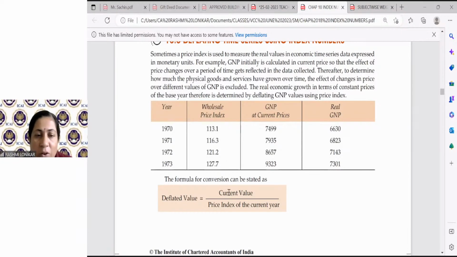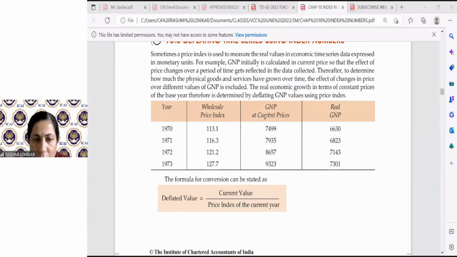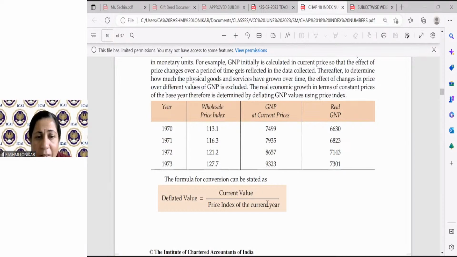Now the deflated value will be current value upon the price index of the current year. So what is the current value upon the price index of the year?